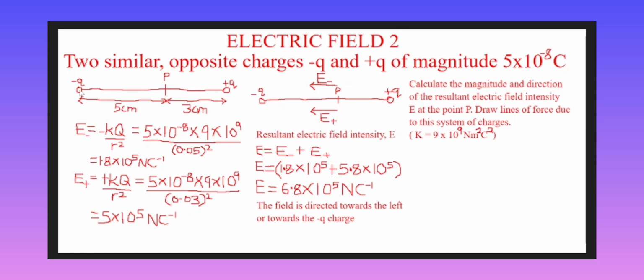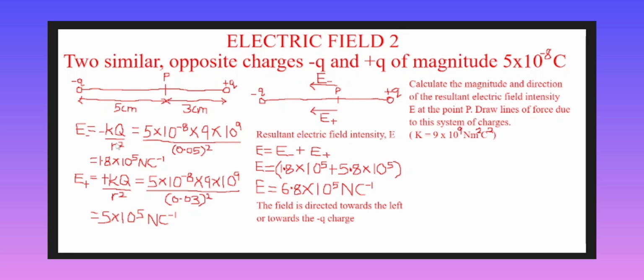And don't forget, the formula for electric field intensity is force per unit charge. If I put that force divided by Q, that will give me minus KQ, all divided by R square.